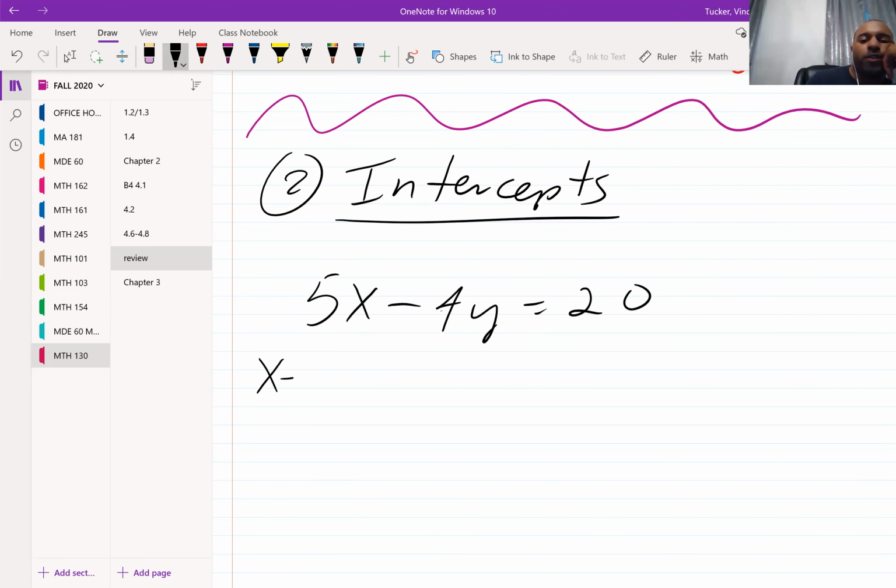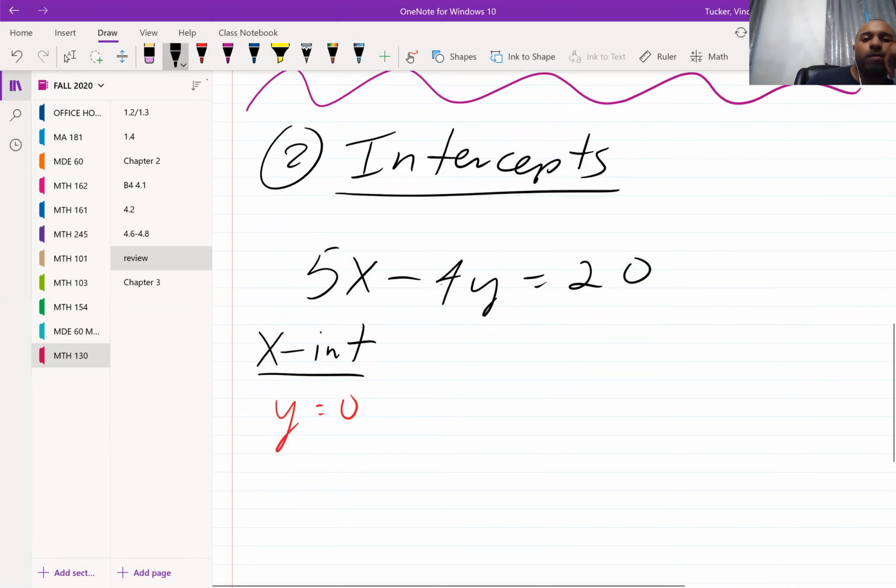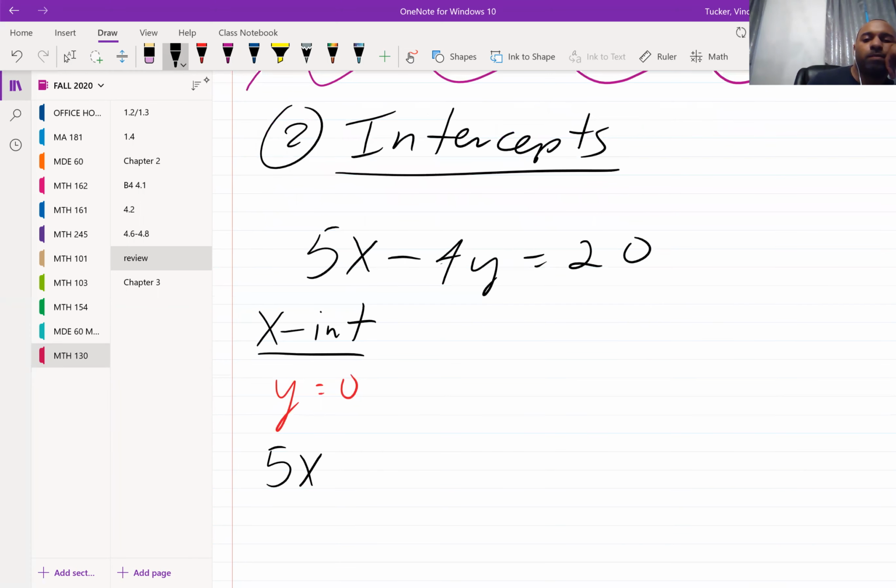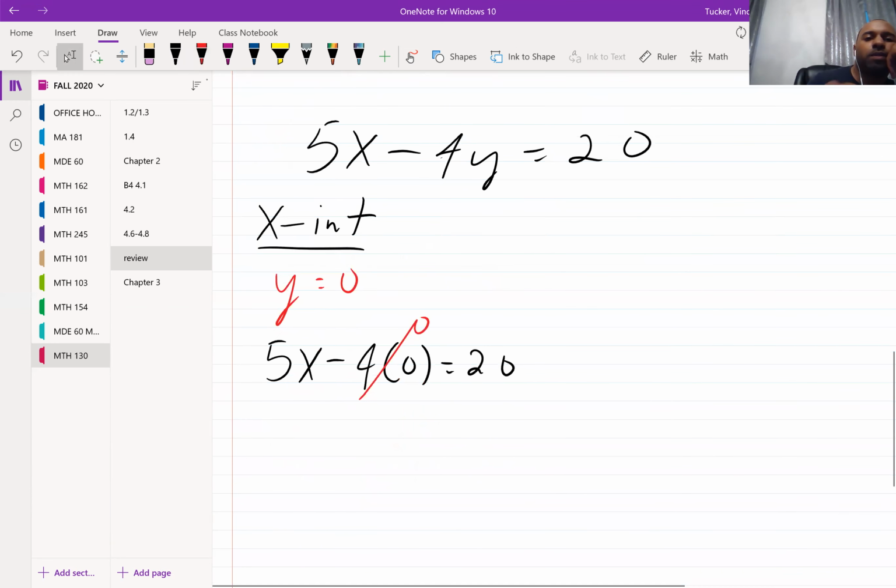So if you want to find your x-intercept, you start off by letting y be equal to 0. So 4 times 0 is 0, of course. 5x equal to 20. And divide both sides by 5.